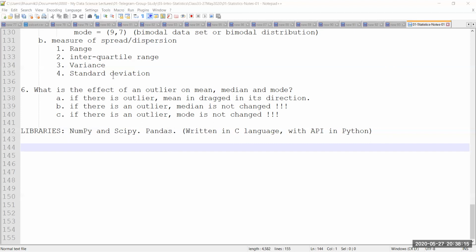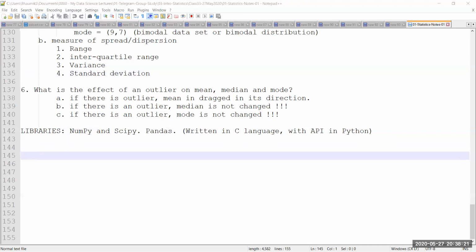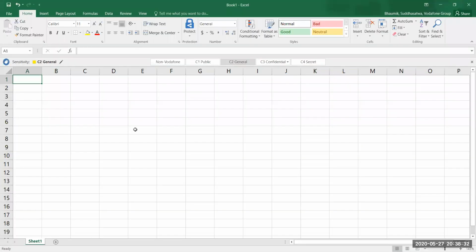So let me save this notebook and open Excel. Okay, I have opened Excel. Let me increase the zoom and share the Excel. Are you able to see my Excel?